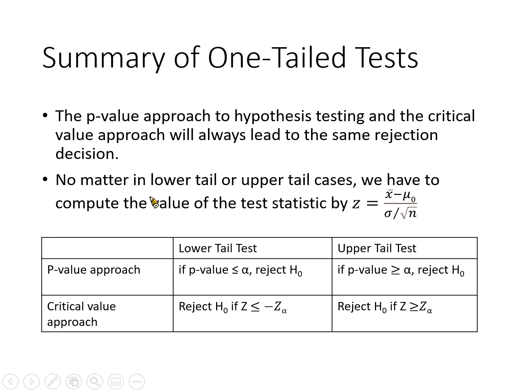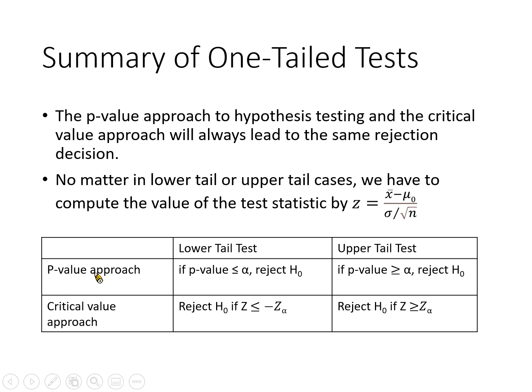So no matter the lower or upper tail cases, we have to calculate the test statistic value z. So here you will find, because in our example, we use the lower tail test.